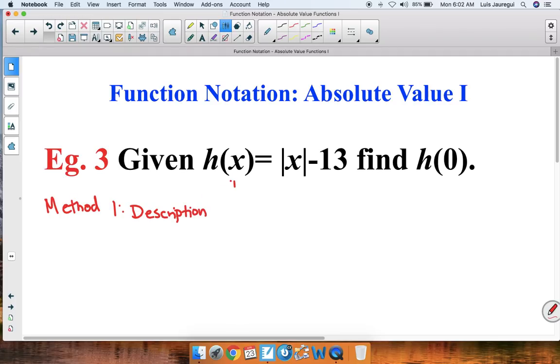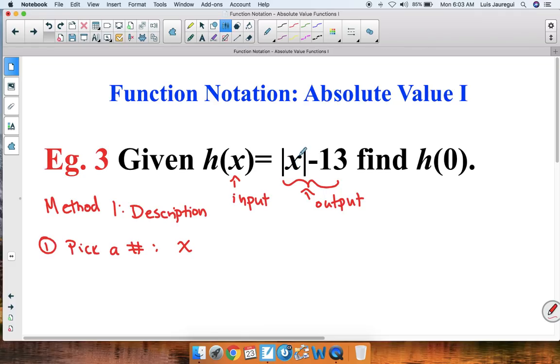Now notice that your input here is x, and the corresponding output is absolute value of x minus 13. If we were to describe the process to generate the function h of x, we can say that the first step is to pick a number. In this case, such number is represented by x.